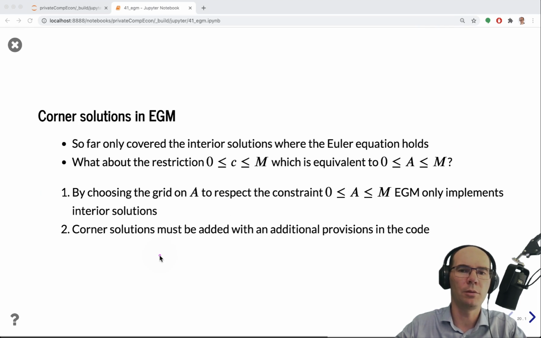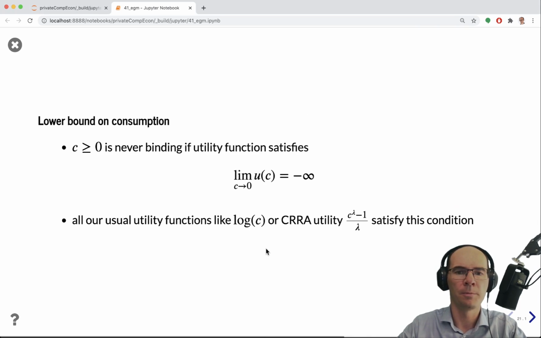But now, how do we add corner solutions to complete the solution of the model itself? And let's look at that. Well, first of all, the lower bound, positive consumption, is usually not a problem at all. That's because if we have a utility function that goes to minus infinity as consumption goes to 0, then this constraint is never binding, really.